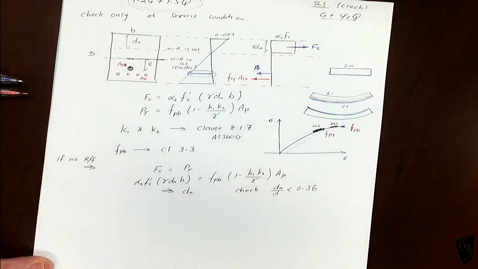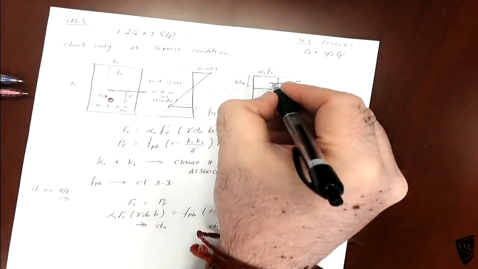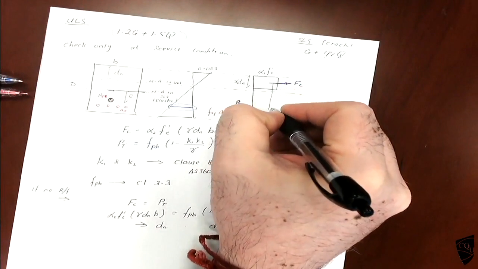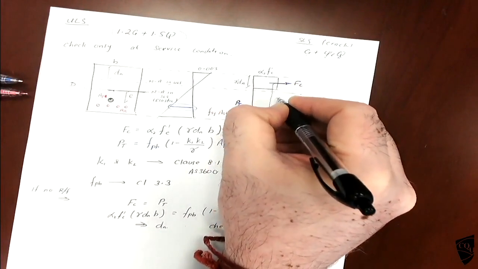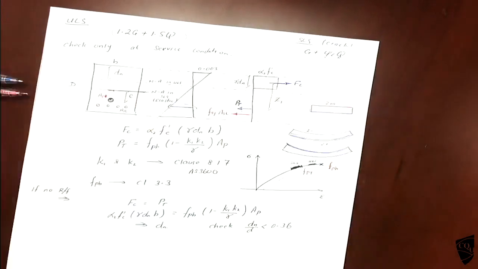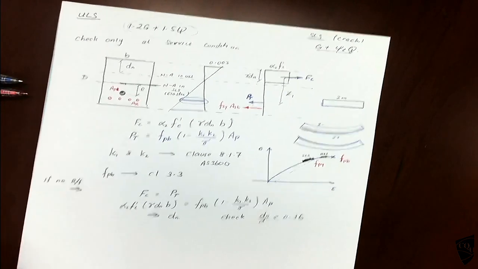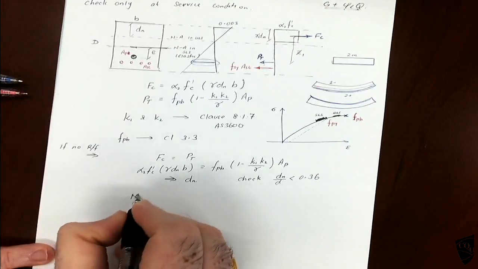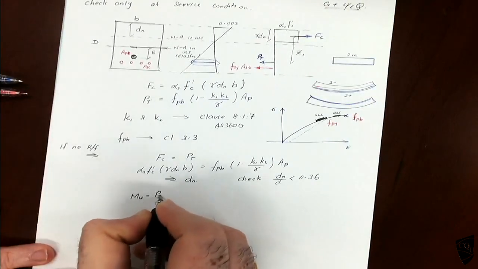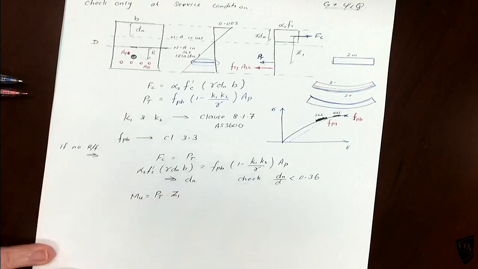Okay, so once you have this one, what is the distance? The moment, Mu, equals Pt times z1, because we have equal force.